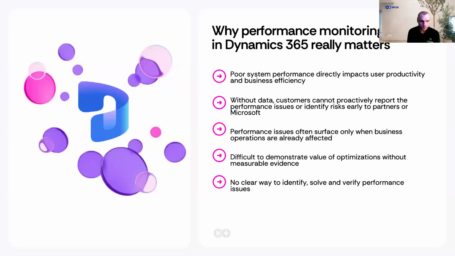Next, it is difficult to demonstrate the value of optimization. Performance monitoring is to detect and identify issues, but the same metrics can also be used to measure the value of proposed solutions. If we find the root cause of a performance issue and want to fix it, we make some changes.